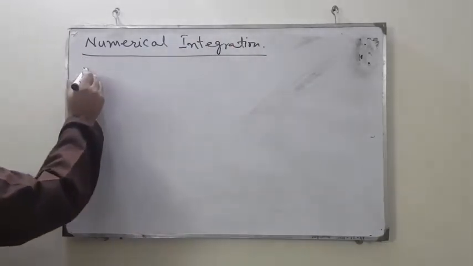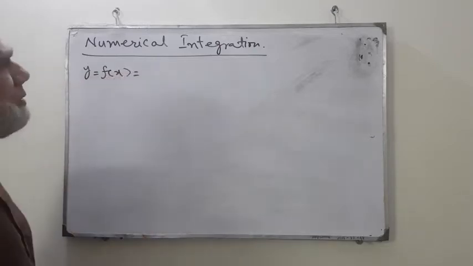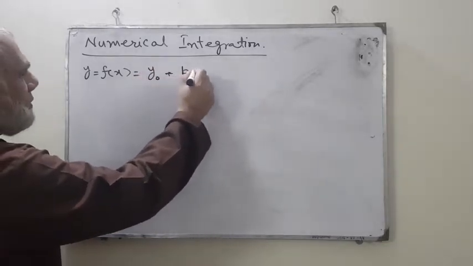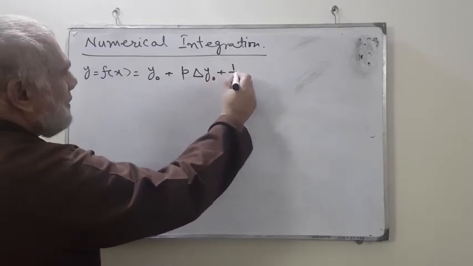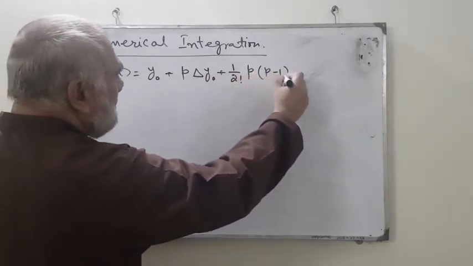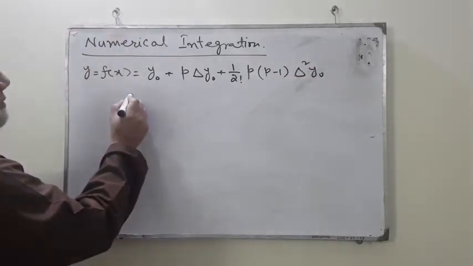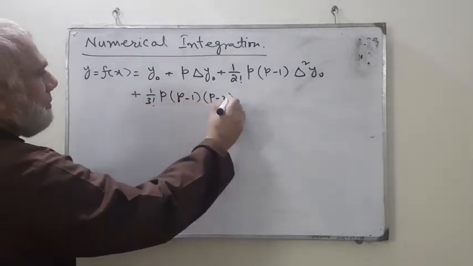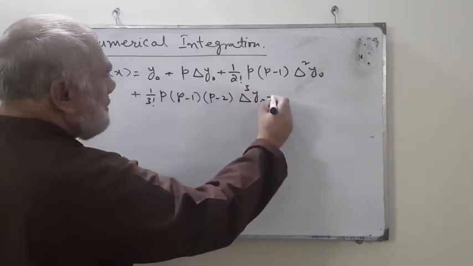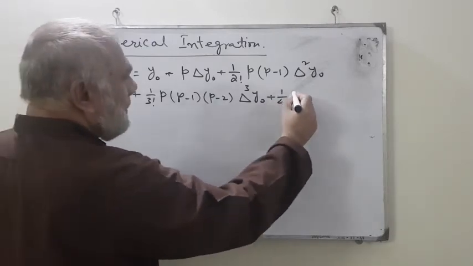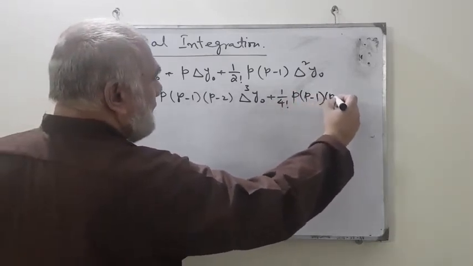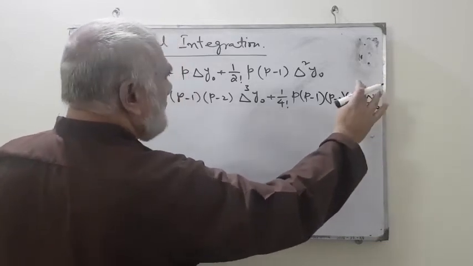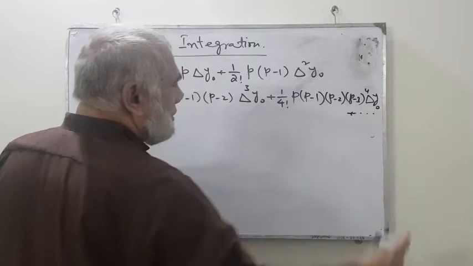We all know that Newton's forward interpolation formula is y0 plus p times del y0 plus 1 by 2 factorial p times (p minus 1) del 2 y0 plus 1 by 3 factorial p(p minus 1)(p minus 2) del 3 y0 plus 1 by 4 factorial p(p minus 1)(p minus 2)(p minus 3) del 4 y0, and many more terms you can write down.